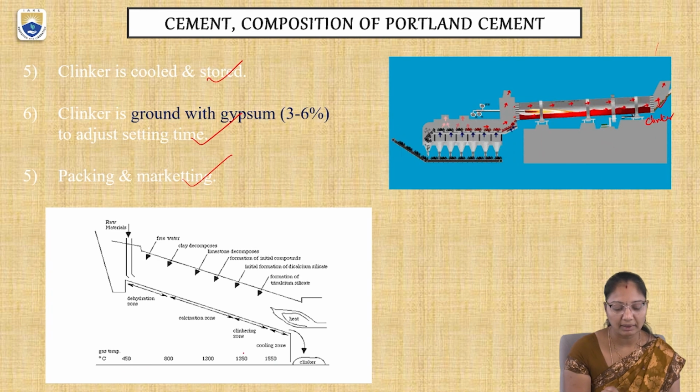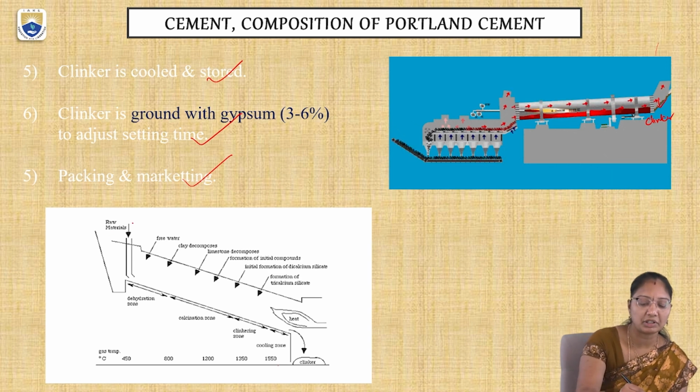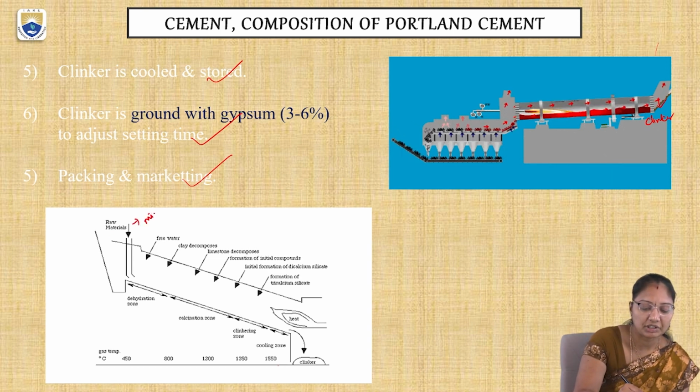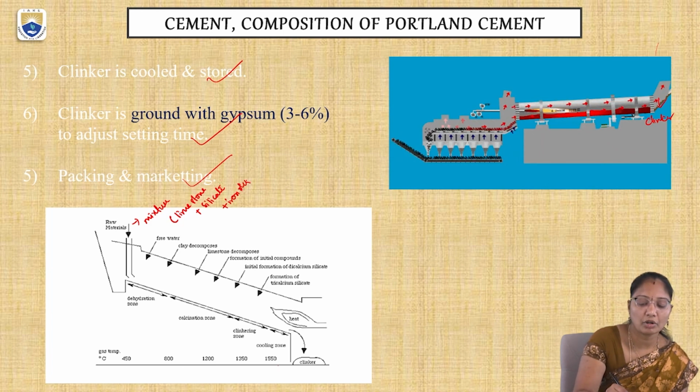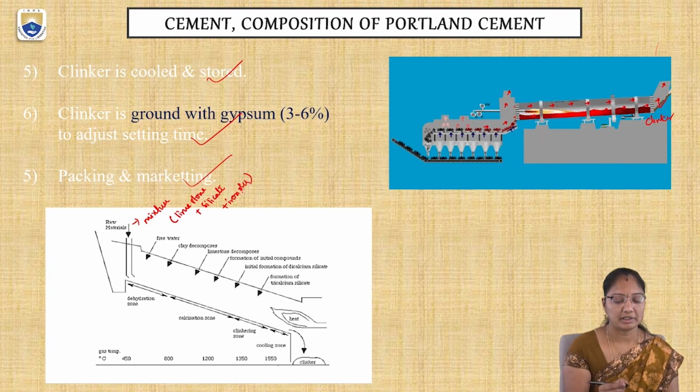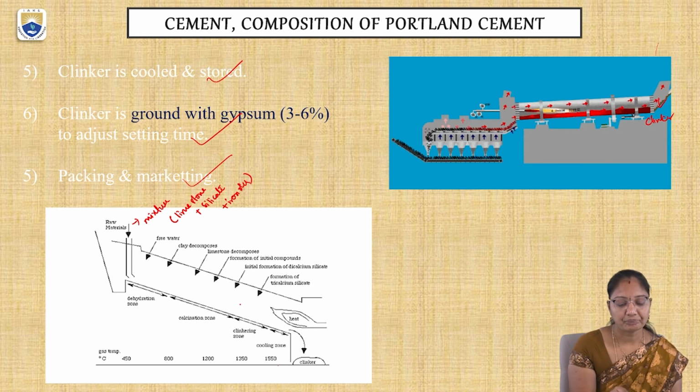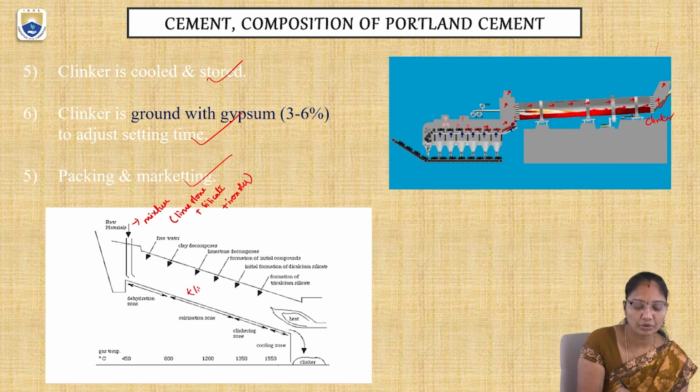Here we can see the temperature around 400 to 1500. The raw material is a mixture of limestone, silicates, and iron ores, depending upon the type of the cement. It will enter into the rotary kiln.